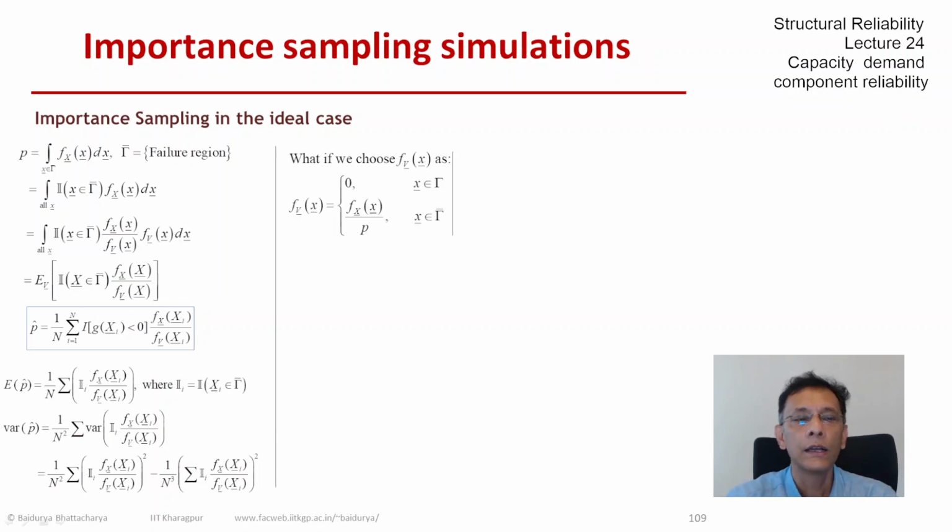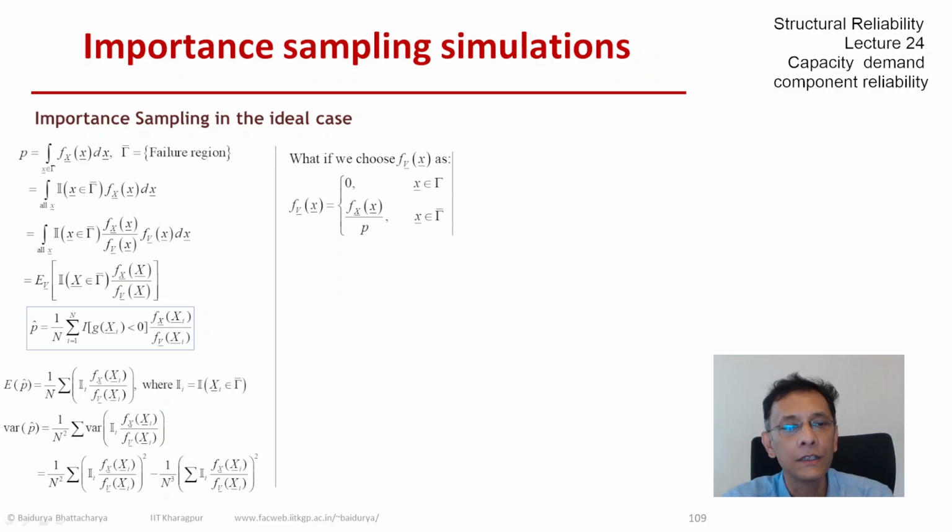And now let us see what if we choose the sampling density FV as 0 in the safe region, and the original density divided by the probability content, that is P, in the failed region.